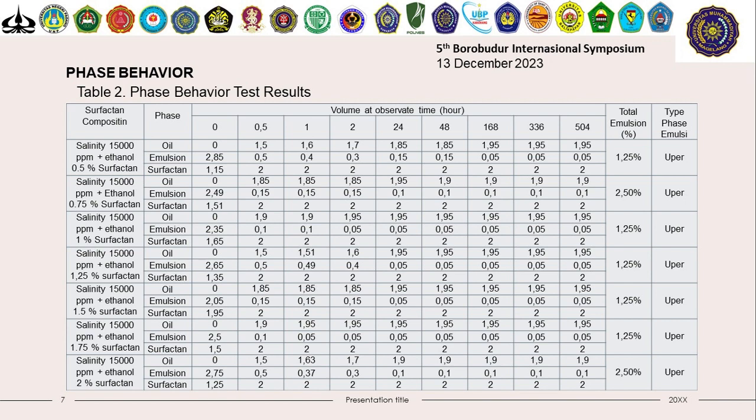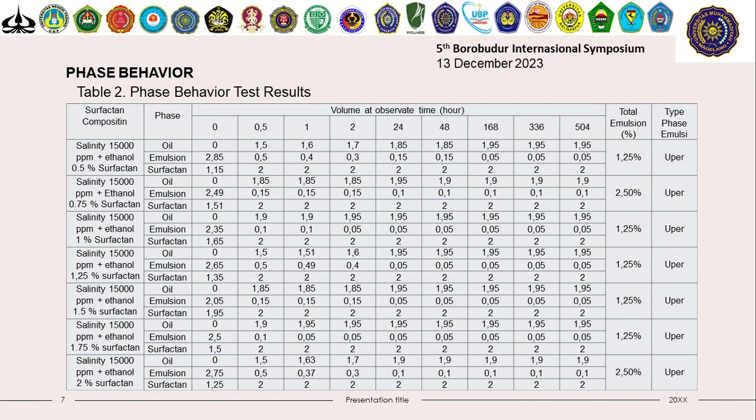After the oil and co-surfactant concentrations are added into the pipette, they are placed in the oven at 60 degrees Celsius and observed for 504 hours, or 3 weeks.